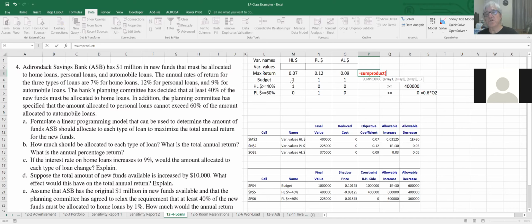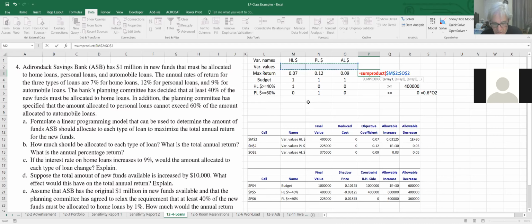And therefore, this function will be kind of a shortcut for another function that you would have to type in by hand. So what do you do here? You highlight the first array in question here, and you press the F4 key to place dollar signs in it.